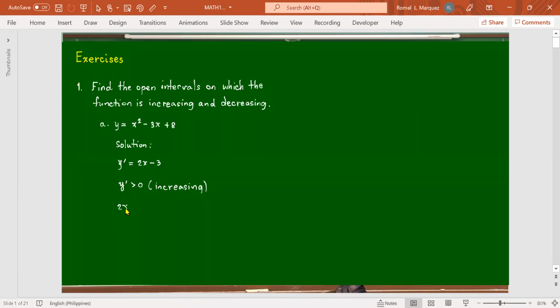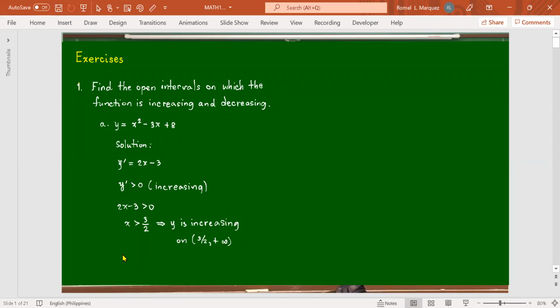So 2x minus 3 greater than 0. Solving for x, we have x is greater than 3/2. So this means that y is increasing on the interval 3/2, open interval 3/2 to positive infinity.